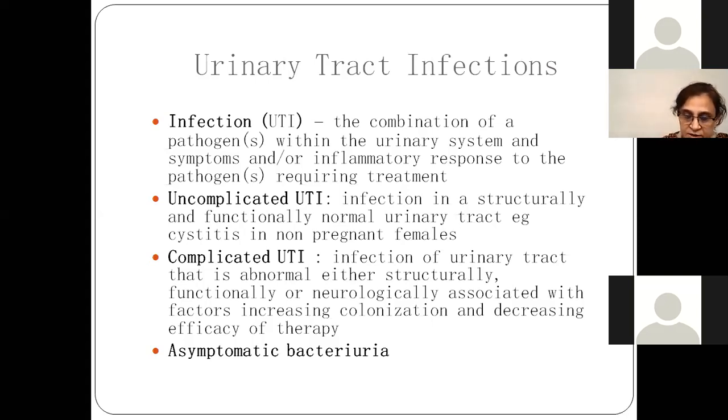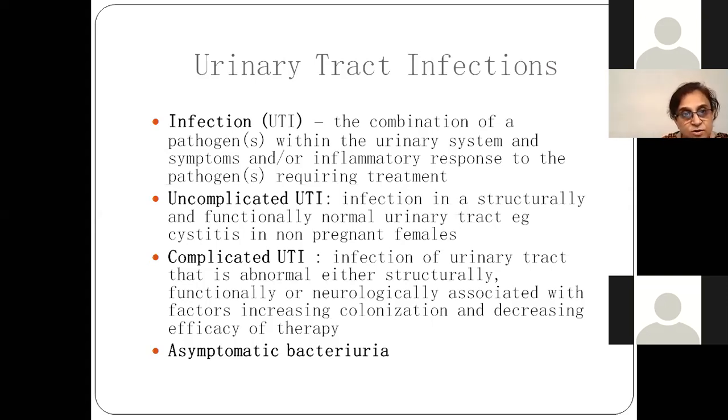The female, he just said that females are much more prone to urinary tract infection than males. So a normal female with a normal anatomy of the urinary tract is more predisposed to UTI, and this is labeled as an uncomplicated UTI because it's the normal anatomy.